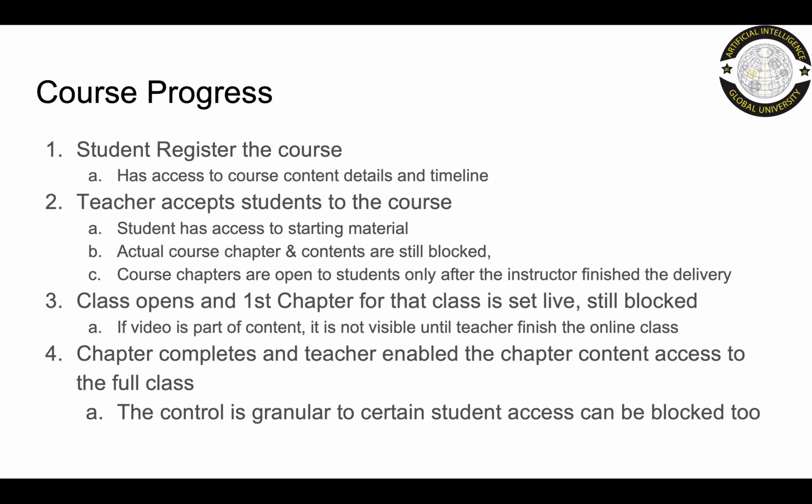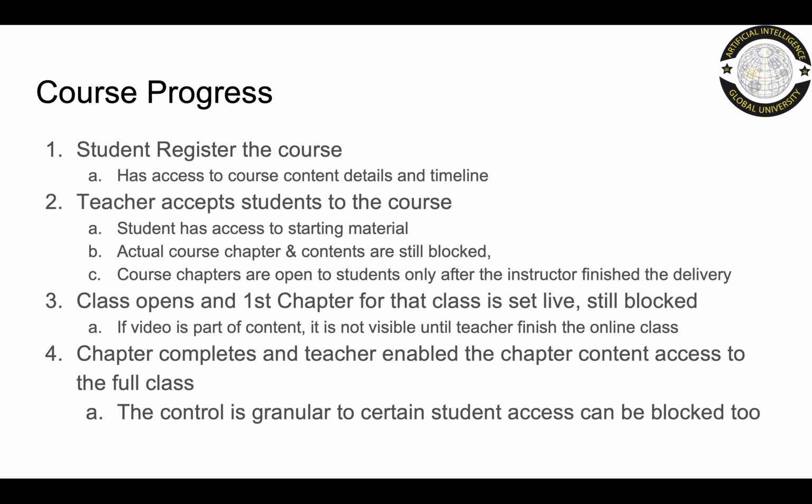As the student progresses, the instructor gives the live lecture. Then the instructor enables the course module for the whole week, and the student studies the material. Once the week is done, the second week's course is opened. So even though the student has access to the full course, it is only available as the instructor opens it up piece by piece, module by module, chapter by chapter.